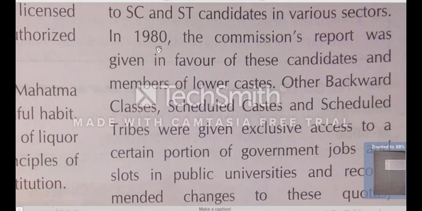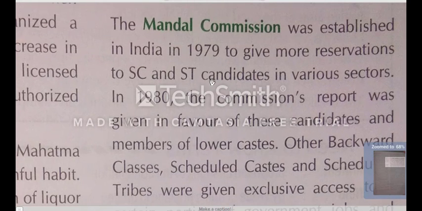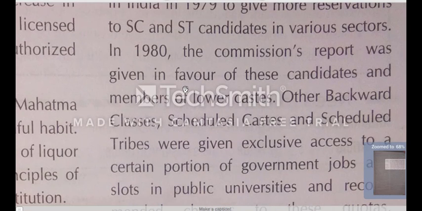In 1980, the Commission's report was given in favor of these candidates and members of lower caste. It was established in 1979, and one year later in 1980 it gave its report in their favor.